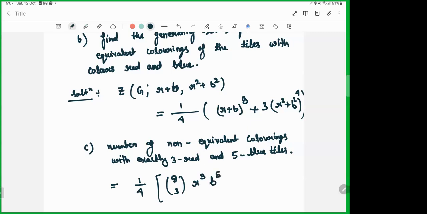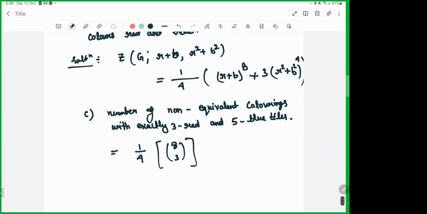And from the second term, 3 times (r square plus b square) to the power 4: we need r cubed, so from the second term nothing will come. So this will be only this thing.